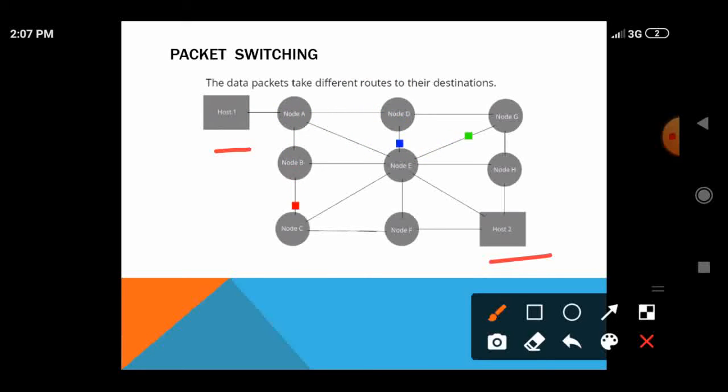The packets are sent through different routes, and finally they reach the destination computer, that is host 2. The sender computer is host 1. The packets travel through different routes and reach the destination computer, host 2. This is called packet switching.